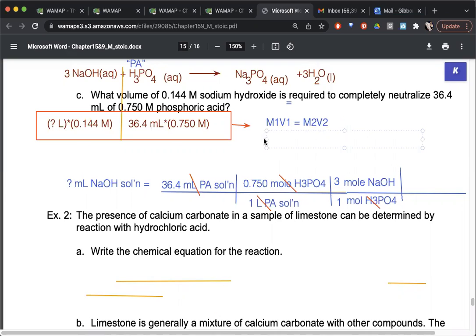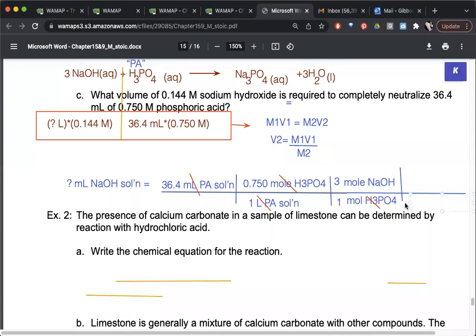And from that we might say, okay, I'm looking for the volume. That's why I like to lay it out like this. That V2, the one we're looking for, is going to be M1 V1 over M2. So let's plug in 1 over the molarity. It's like we're taking that molarity and dividing it out.